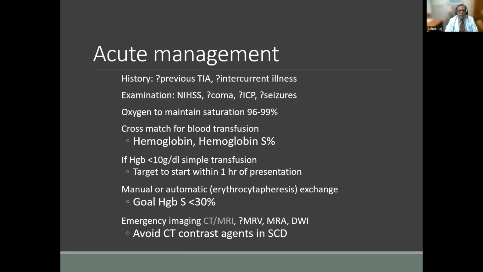So if the hemoglobin is less than 10, you can just proceed with simple transfusion while making arrangements for getting emergency exchange transfusion. The goal of treatment is to try to reduce the hemoglobin S to less than 30%, but don't forget to give blood as soon as possible. And also avoid CT contrast agents in these patients.